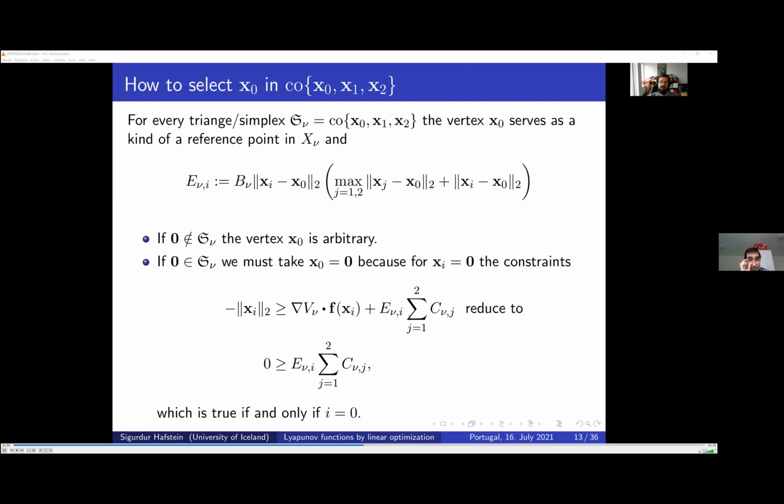The reason is that otherwise we could not fulfill this here. However, if x0 is 0, then it simplifies and we don't actually have to check anything at that vertex because it will be automatically fulfilled.